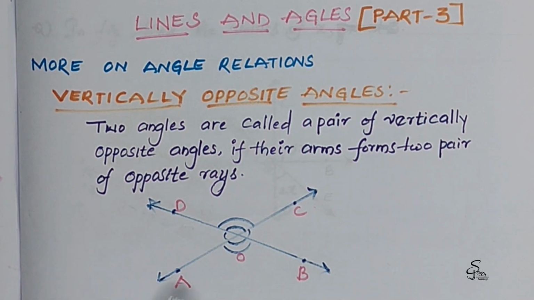Also, angle AOB and angle COD are a pair of vertically opposite angles. So angle AOB is equal to angle COD, and angle AOD is equal to angle BOC. Vertically opposite angles are equal.